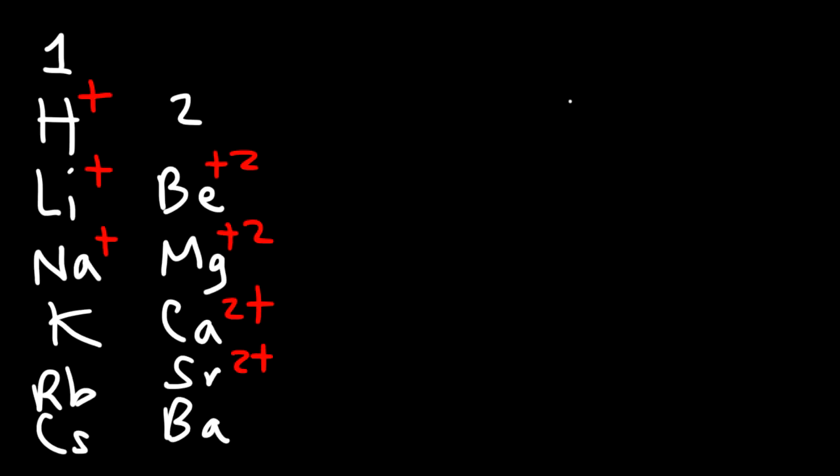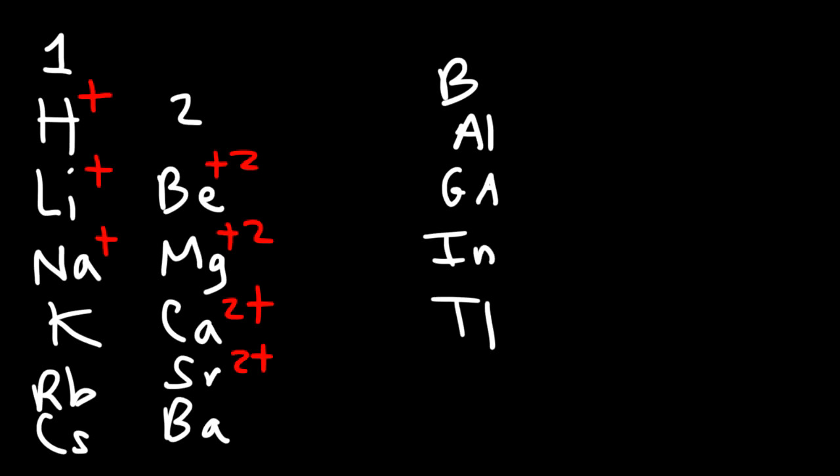Now, towards the right, we have other elements like boron, aluminum, gallium, indium, thallium, and so forth. This is group 13, which is also called group 3A in the periodic table. Elements like aluminum, gallium, and indium can form positive 3 charges.